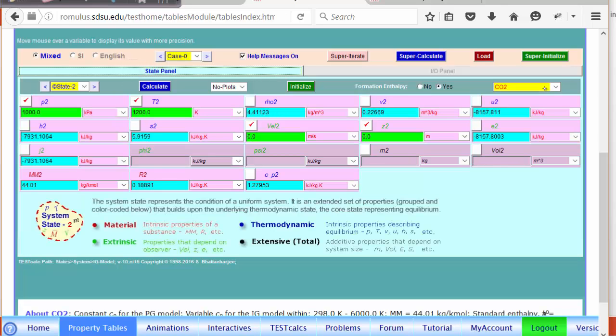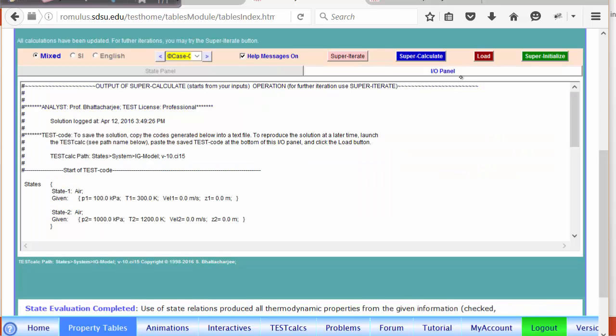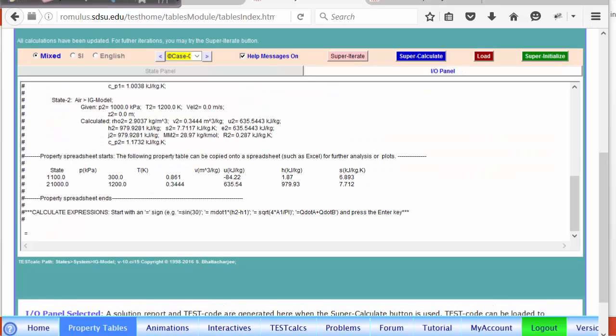Now let's repeat this calculation for air, like we did before. Again, click Super Calculate, and it's relatively easy. So H2 minus H1 would be for air, and here is S2 minus S1.